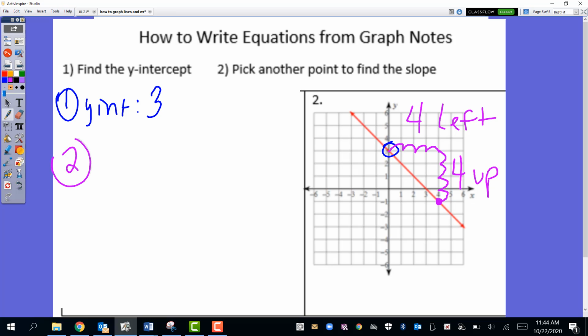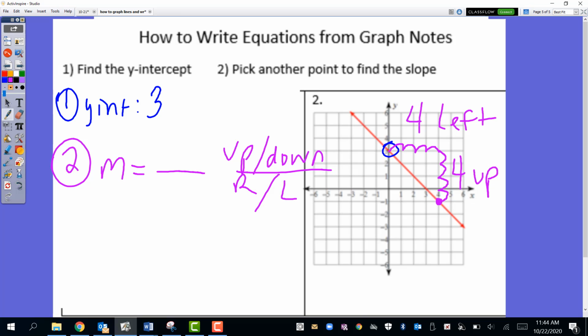So when I'm writing my slope, we know up, down should be on top. Right, left is on bottom. Up's positive, down's negative. Right's positive, left's negative. So my up number goes on top. It was 4.